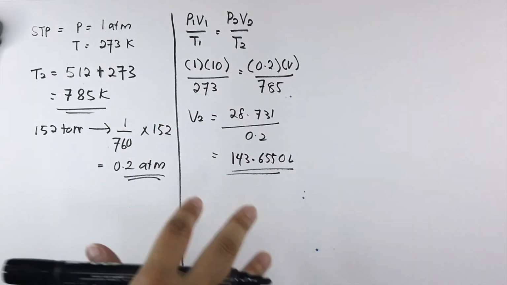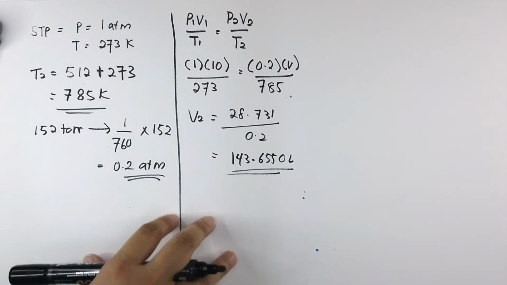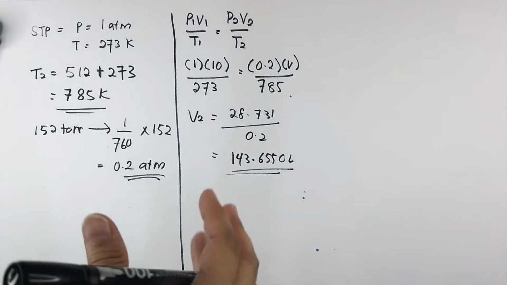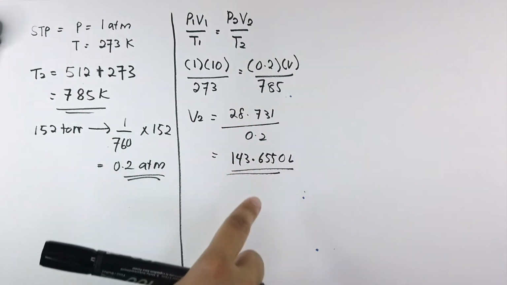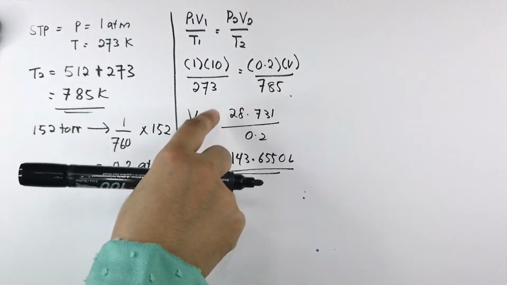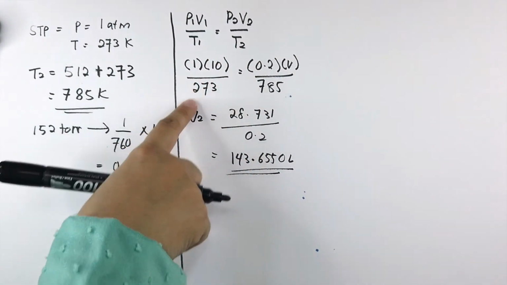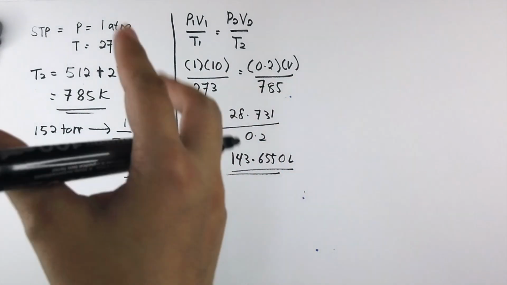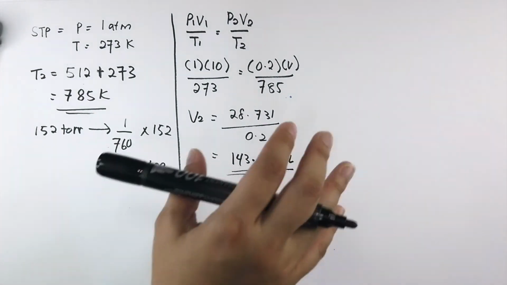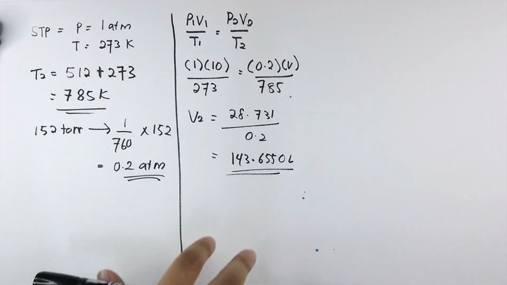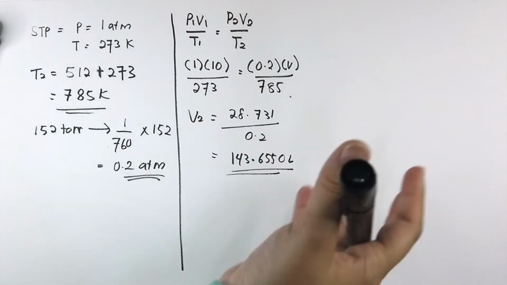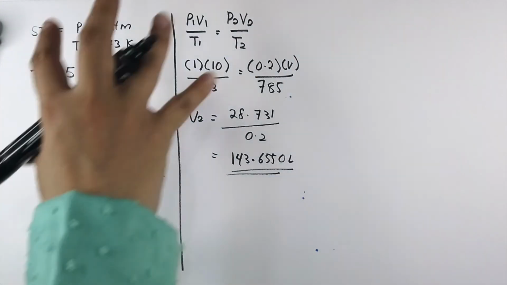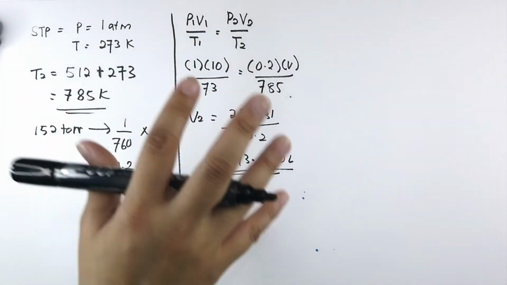Therefore, to regulate the pressure, the gas moves the movable piston to decrease the pressure. That is why at first the volume is 10 liters, but because the pressure is so high, the volume needs to be bigger so that it can maintain the initial pressure. So this is the end of question 1.